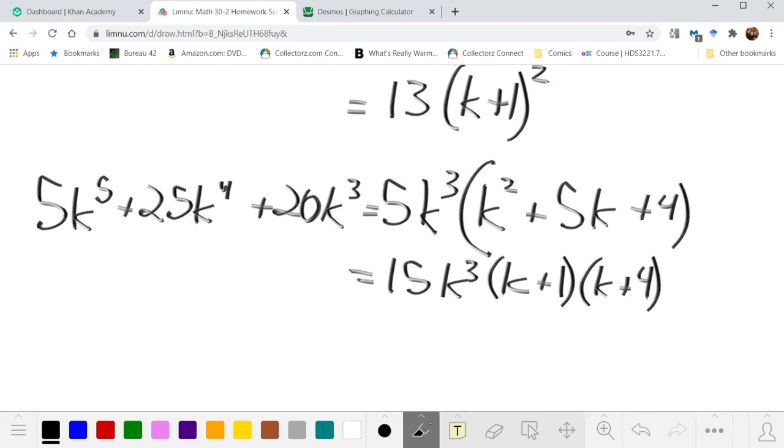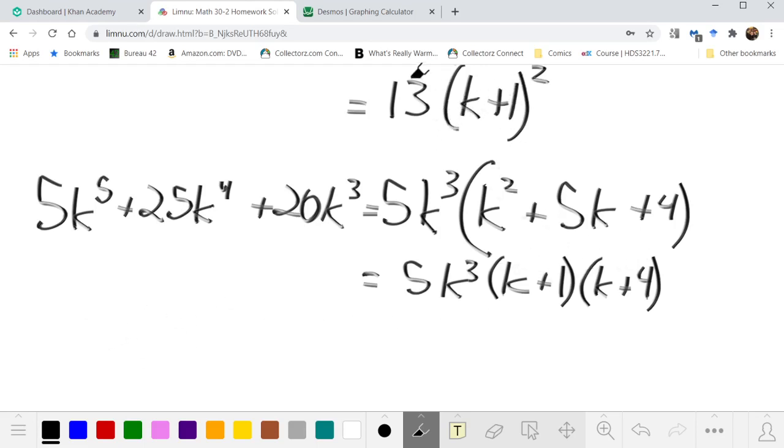So the least common multiple, I don't know why I wrote 15 when I said 5. The least common multiple will be what you get when you multiply these two together and divide by their greatest common factor. The only common factor they have aside from 1 is a single factor of k plus 1.